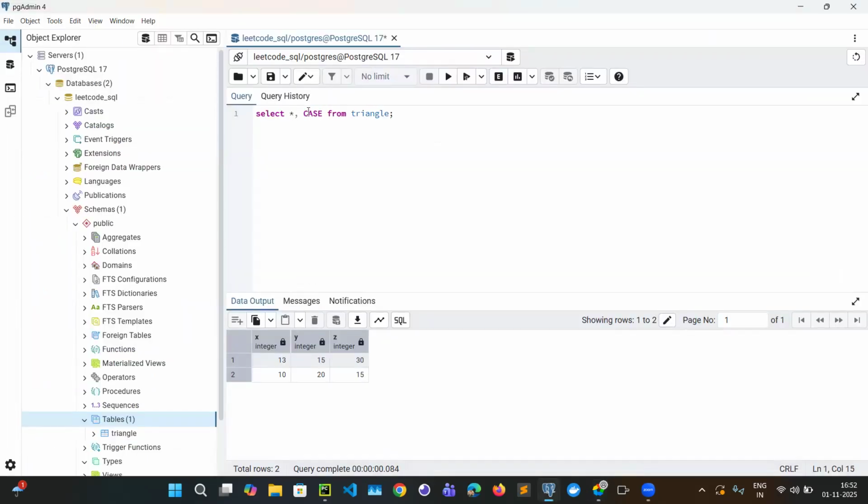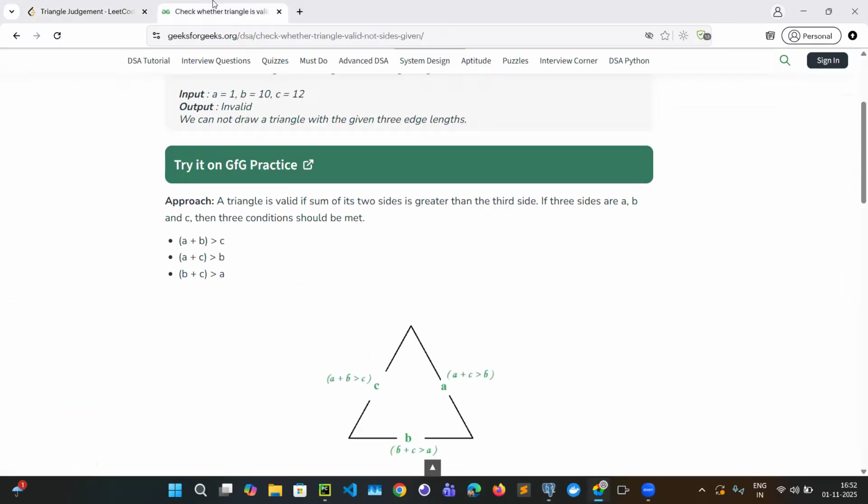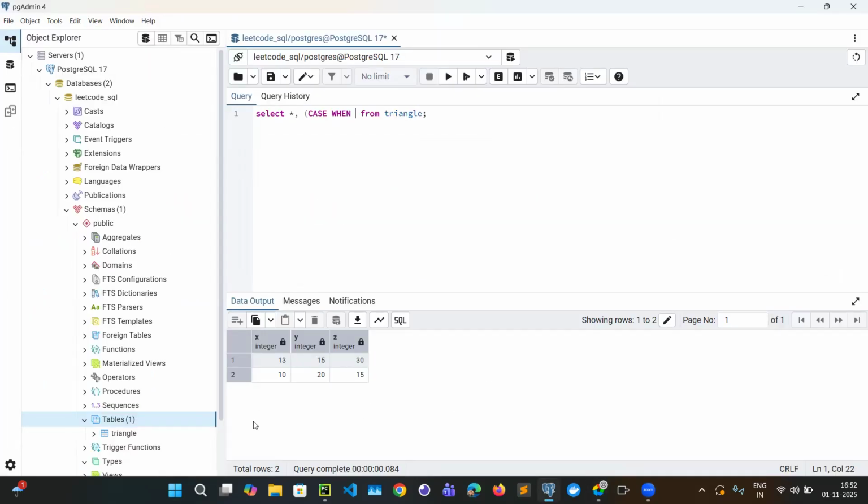So for the condition, let's use case. When we mention the sum of any two sides should be greater than the third, we have three sides. So let's say x plus y should be greater than z, and y plus z should be greater than x, and x plus z should be greater than y.